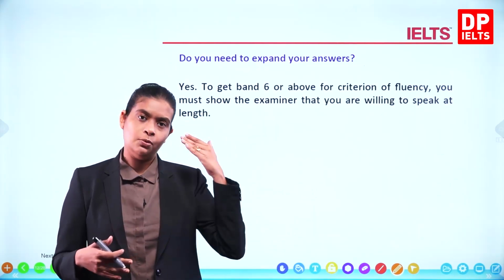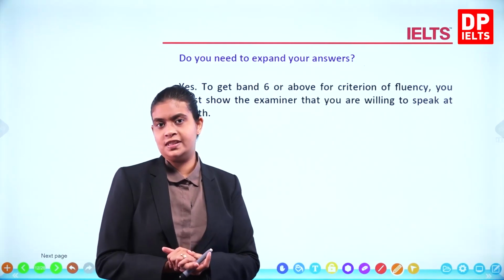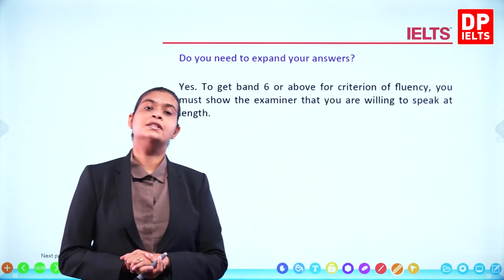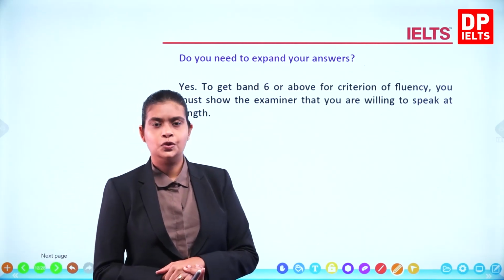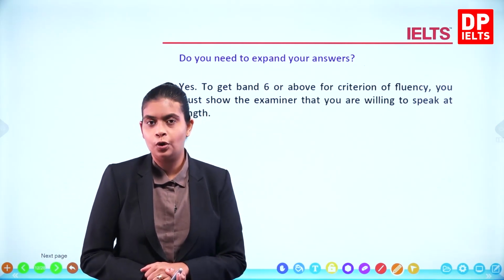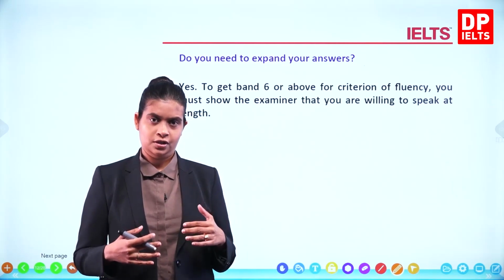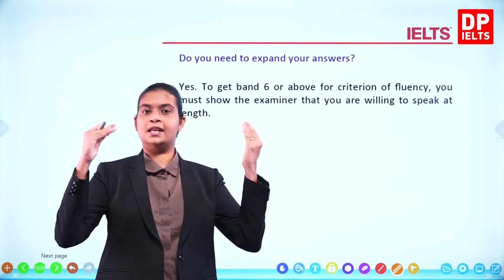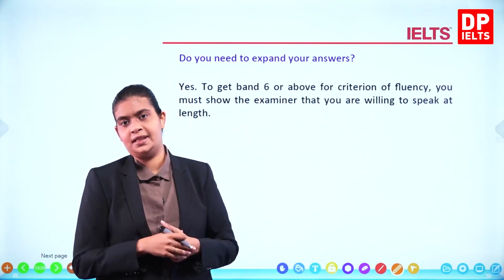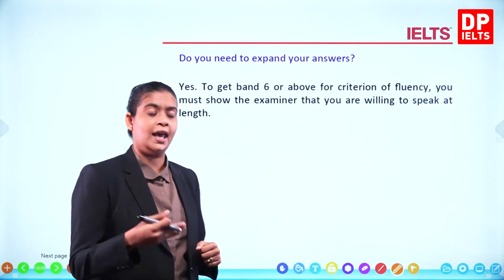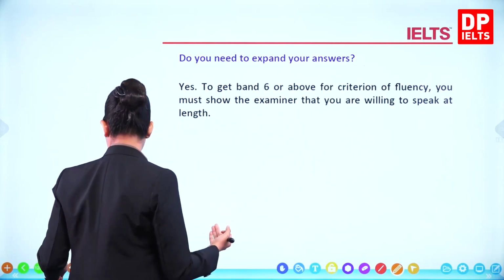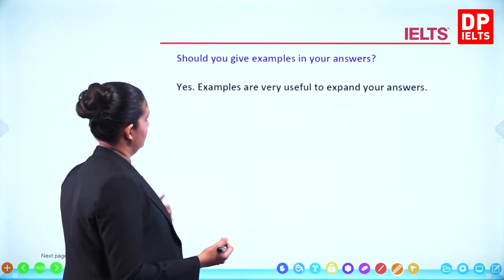Part 2 is timed and you have a set of bullet points that you need to cover. But when it comes to part 3, you must try to follow a body paragraph structure. So you have the topic sentence, you explain, you give an example, that kind of specific structure. You must show the examiner that you can speak at length.